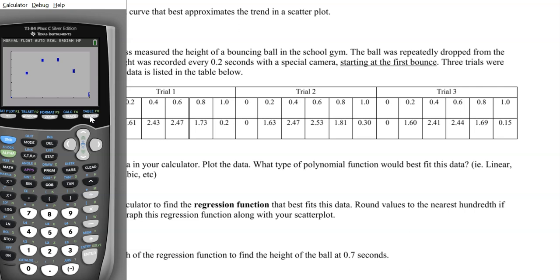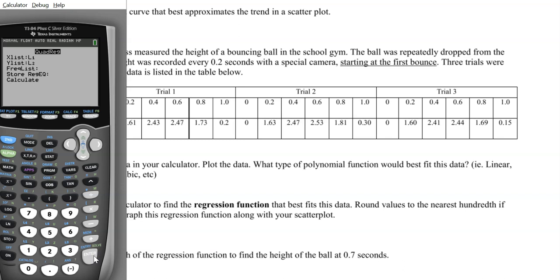Okay, what does it look like? A nice straight line will fit that? We'll just draw a line like that? No. So what kind of regression are we going to run? Quadratic. So we'll go to stat, we go over to calc. So number 5 is quadratic regression. So either you see the word quadreg and then you're going to put the y1 in and hit enter and it'll run it, or you see a screen that looks like this.